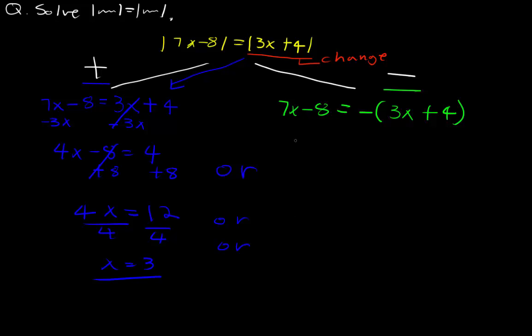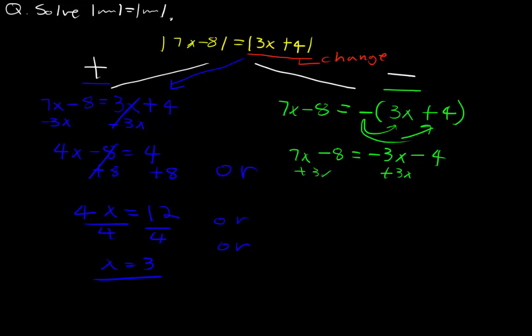So this side here I have to distribute this minus sign or negative sign into here and here, both. So I'm going to have 7x minus 8 equals negative 3x minus 4, like that. So how do I solve this? I add 3x on both sides.